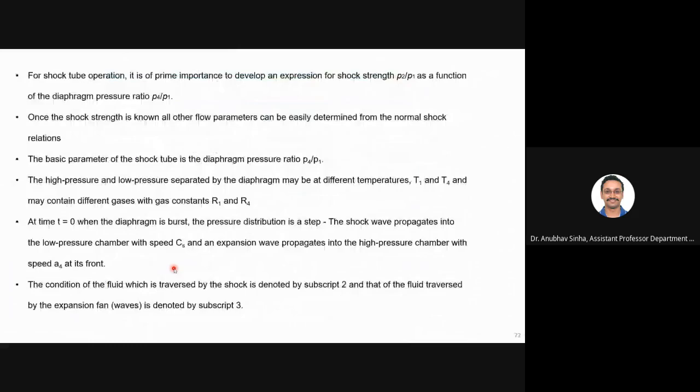Now let us look at some characteristic features. One of the most important parameters that we need to consider is shock strength, which is P2 by P1. We'll try to derive an expression for this shock strength in terms of the diaphragm pressure ratio. Across our diaphragm we see P4 to P1, so that is what we know initially.